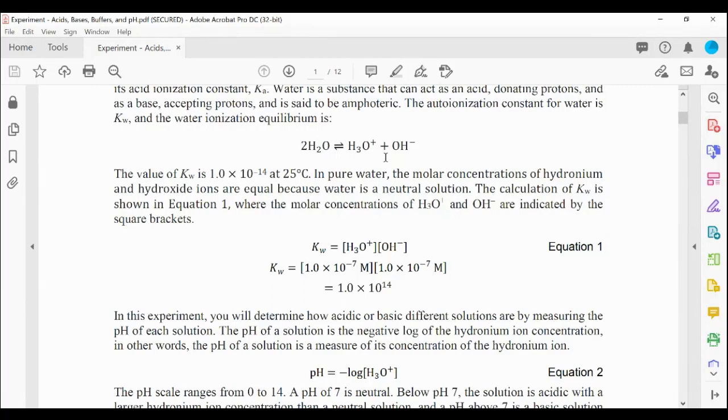You can think of it as an H plus stuck to a molecule of water, H2O. But you can think of water also as dissociating into one OH and one H plus, if that makes it easier to remember.